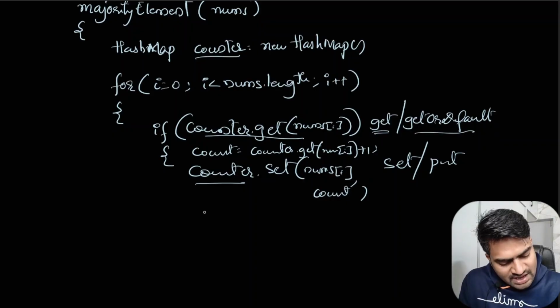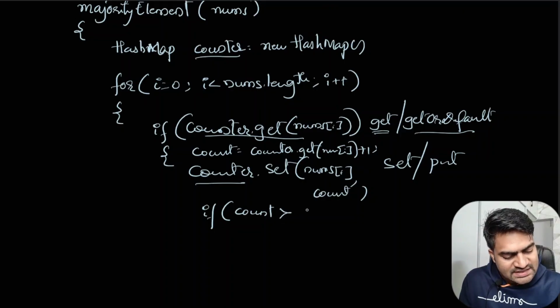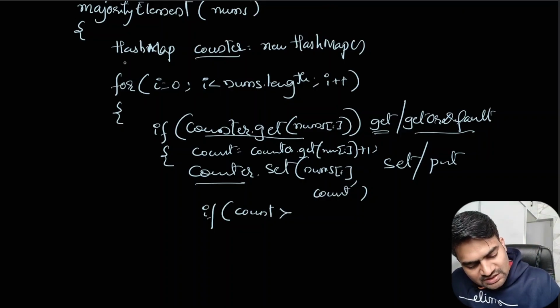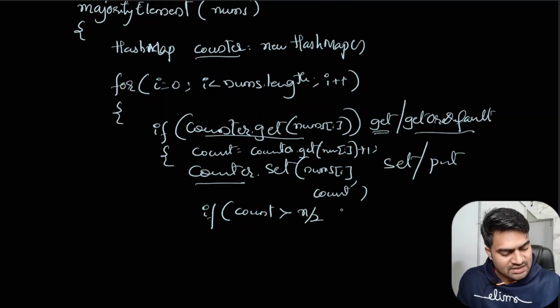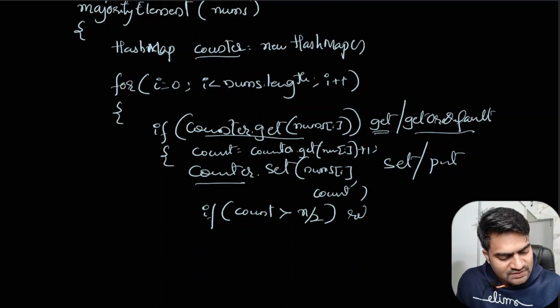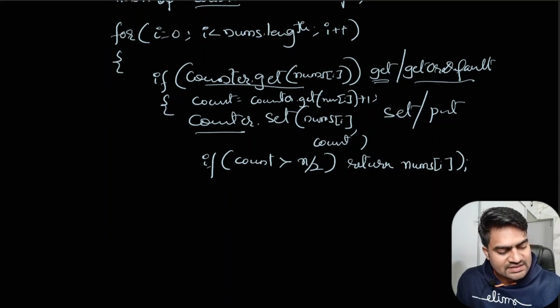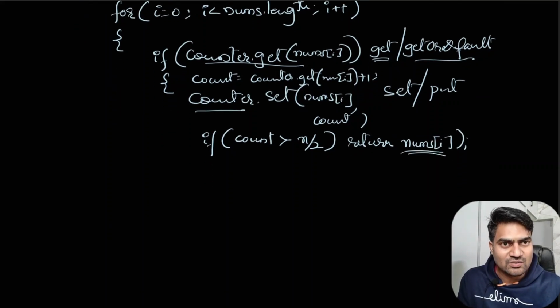Now I will also check if this particular count is greater than n by 2, then we will simply return nums of i, because this is our majority element. If it is appearing more than n by 2 times, then it is a majority element and we will return that element.